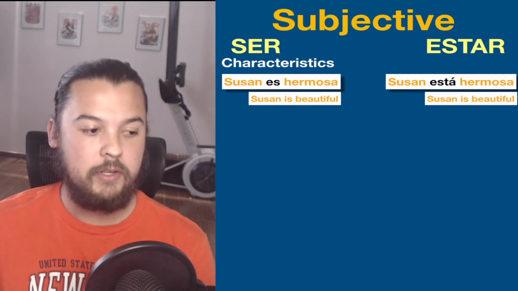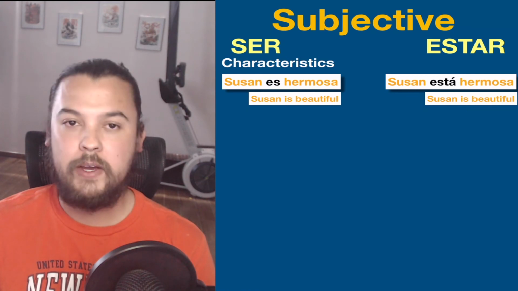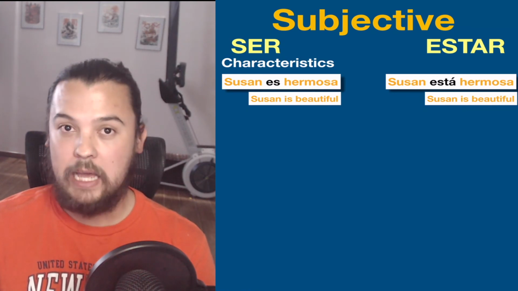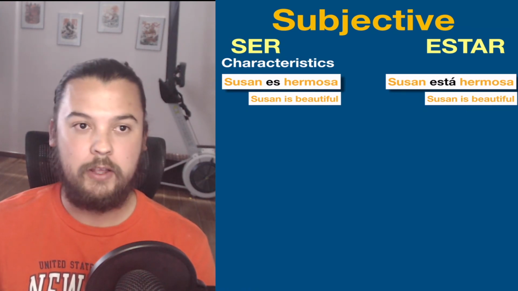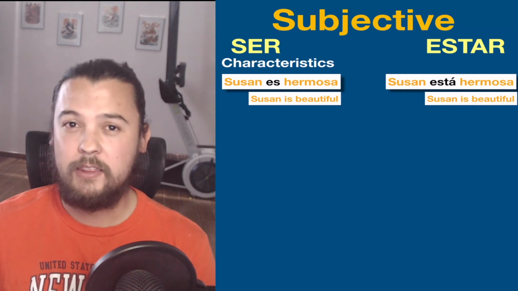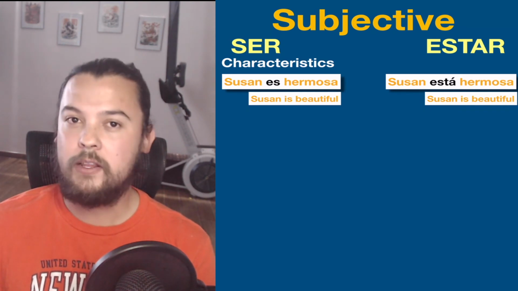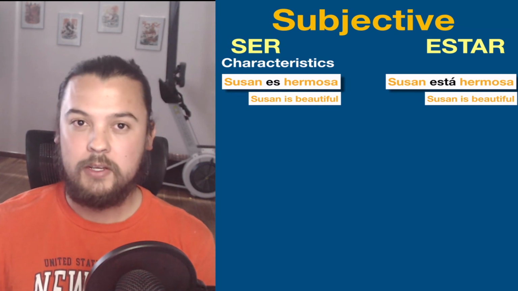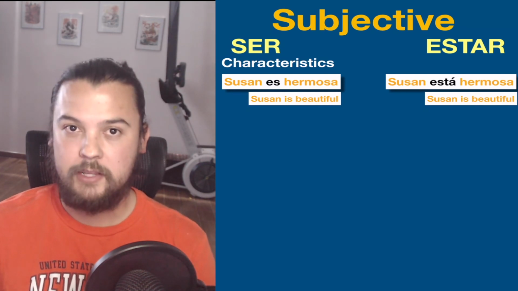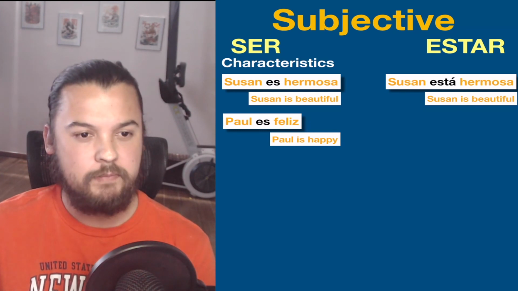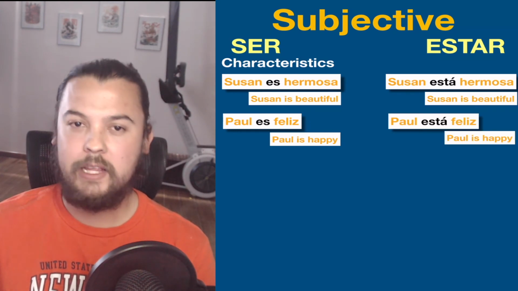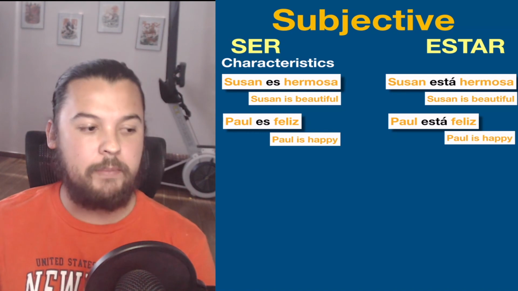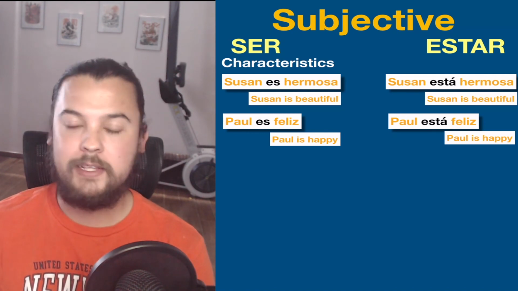Right? Or Susan es hermosa, you find her attractive. But Susan está hermosa is she's wearing a new dress or her hair is in a different way. You just find her cute. That doesn't mean that she's not, but you're finding her attractive. Paul es feliz. Paul is happy. Versus Paul está feliz. Paul es feliz could be interpreted as Paul is a happy person.